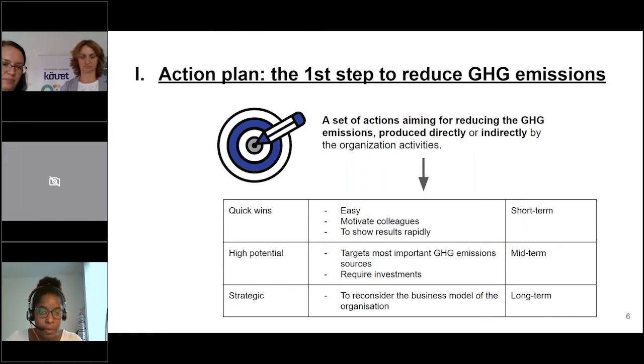So at each step, the collecting of the data, the calculating phase, the restitution of the results, you have to think of the action plan elaboration with your colleagues, with the management, and also with the external stakeholders to involve them and to pursue the objective of your reductions.